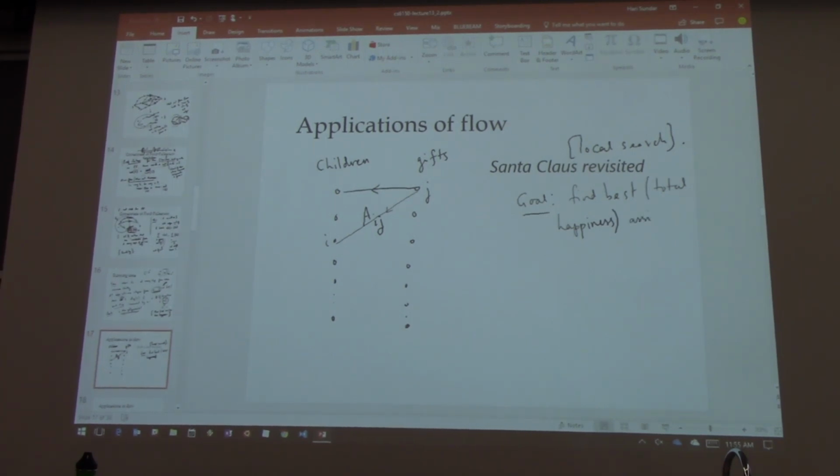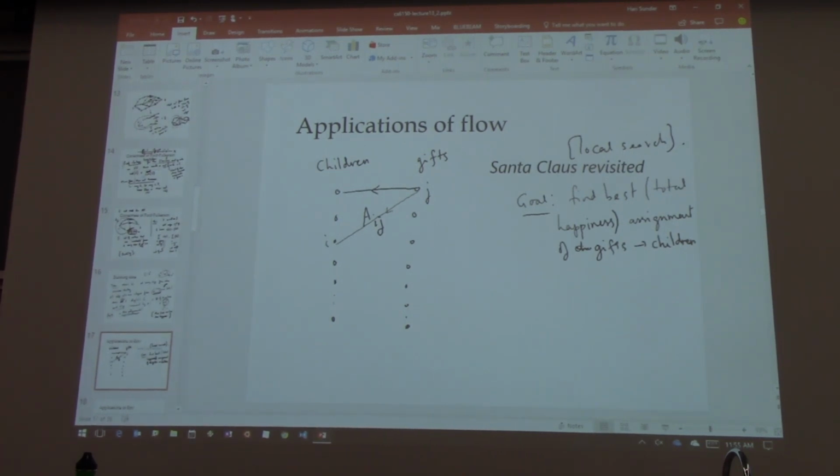Okay, so this is the goal. Can you view this somehow as a flow problem? Maybe we can add two nodes. Yeah, so this is what you would guess.